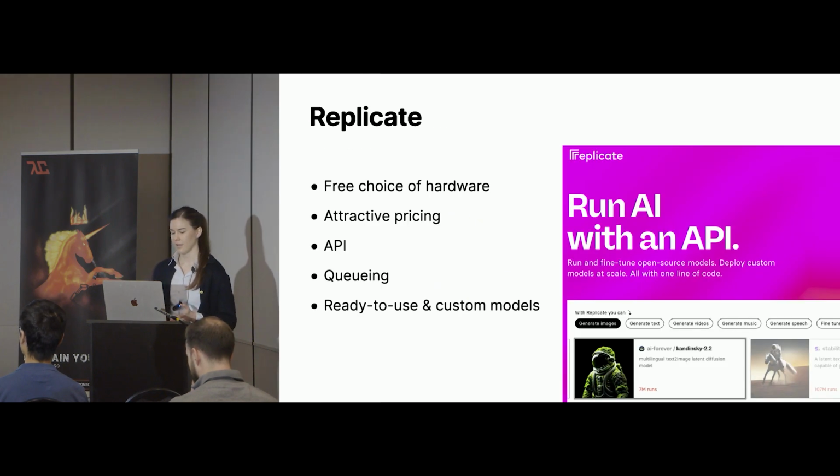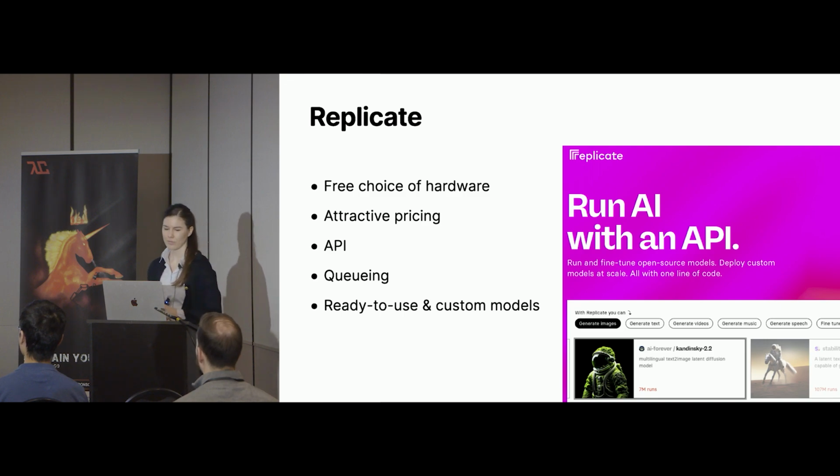And Replicate is a great software because we can freely choose the hardware we want to run our model on. We pay only for what we use of computing power. It has an API, so it makes it possible to use it in our web application.